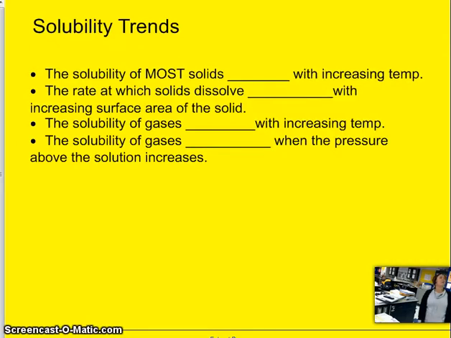So the solubility of most solids increases with increasing temperature. The rate at which solids dissolve increases when you increase the salt surface area. So if you grind it up into a small particle size, it will dissolve faster. The solubility of gases decreases with increasing temperature. And when you increase the pressure above a gas, you actually increase its solubility.